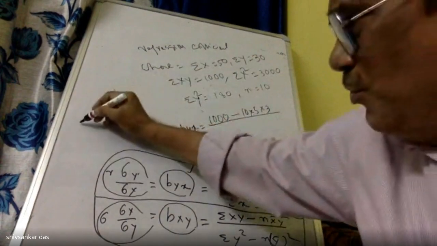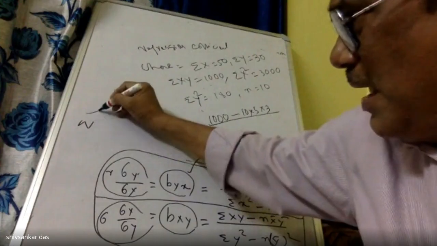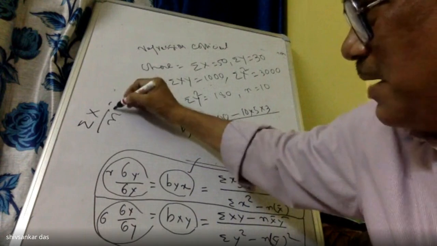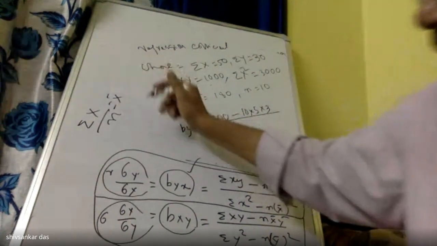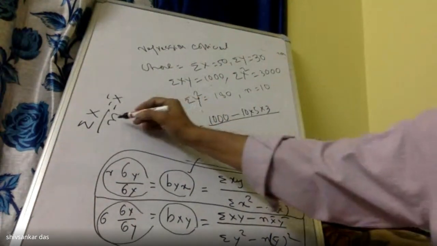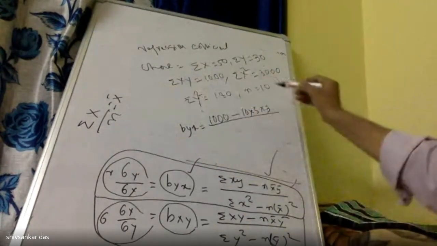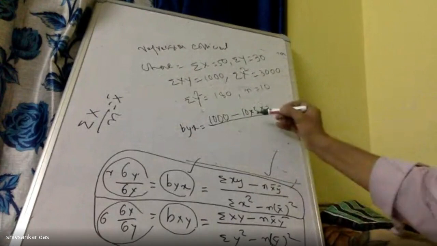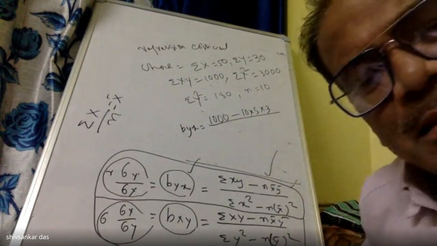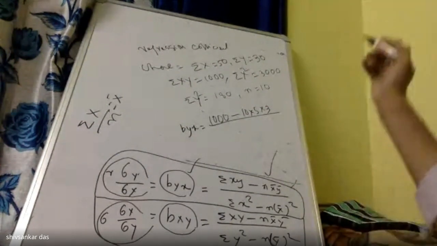We know summation of x by n is equal to x bar, which is 5. Is it clear?